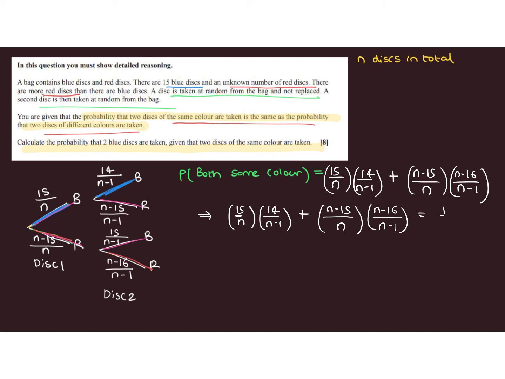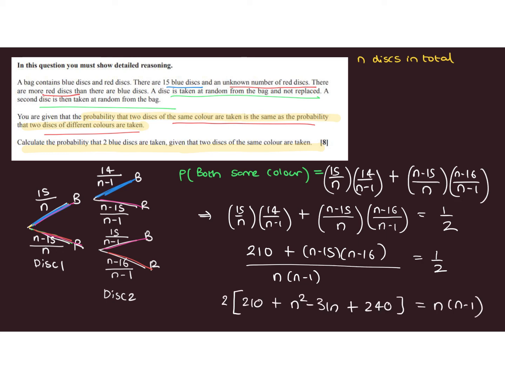must equal 1/2. And we have a common denominator, so we can simplify the numerator accordingly. So this gives me 210 plus n minus 15, n minus 16, all over n minus 1, which is equal to 1/2. And we then simply have an equation which we need to rearrange and solve.